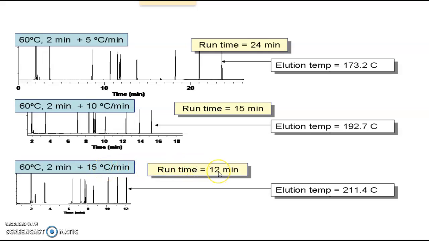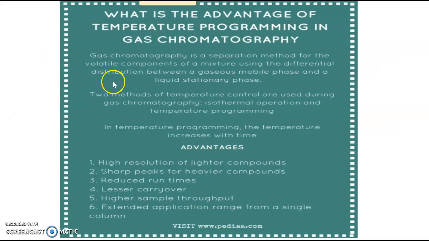The run time decreases further to 12 minutes and the elution temperature is 211.4 degrees Celsius. So this is temperature programming. By raising the temperature 5 degrees Celsius per minute, we get a high resolution spectrum that is very easy to analyze.